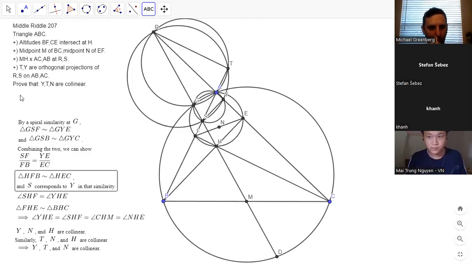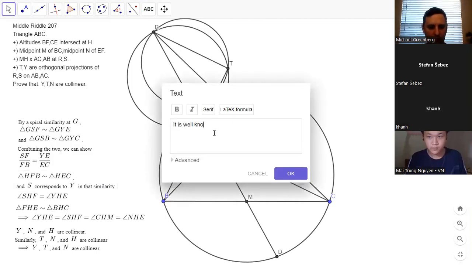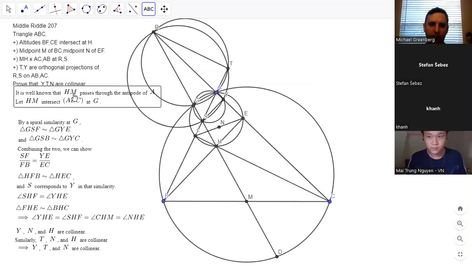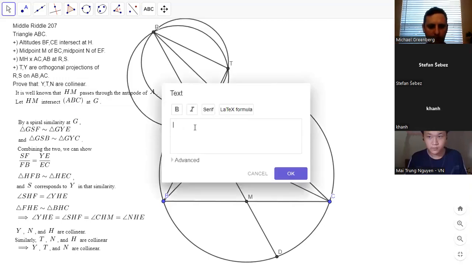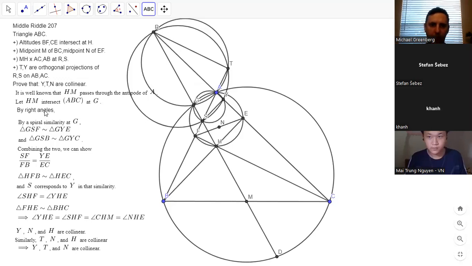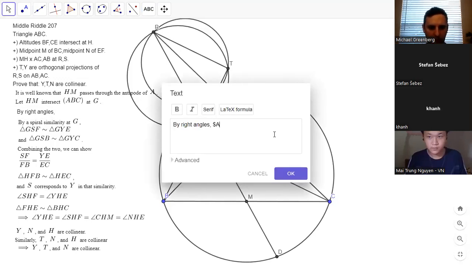So it's well known that HM passes through the antipode of A. Let HM intersect ABC at G. And then, by right angles, AGSY and AFHE are cyclic.